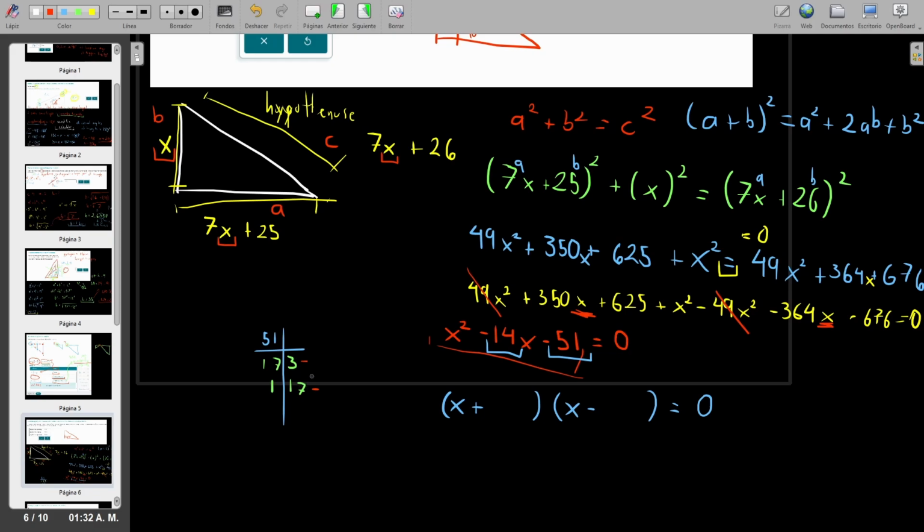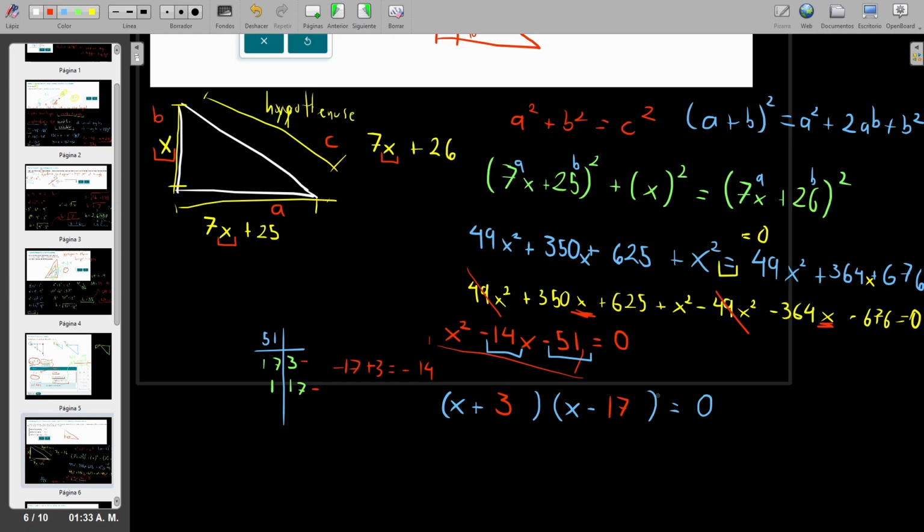And we can see that these numbers give us the result of 51. And also, if we put the 3 as positive and the 17 as negative, minus 17 plus 3 is going to give us minus 14.